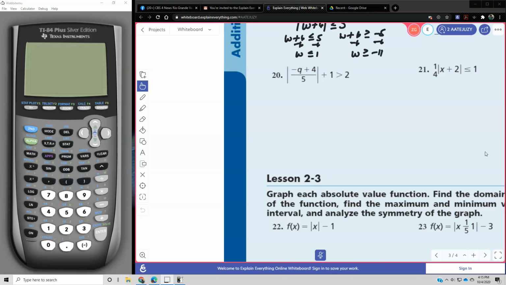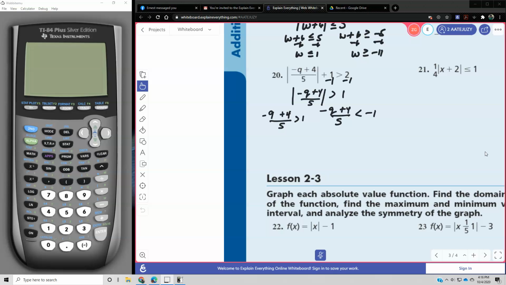Number 20 has that absolute value plus 1, so you have to first subtract 1. So you have the absolute value of negative q plus 4, divided by 5, is greater than 1. So now you're going to have negative q plus 4, divided by 5, is greater than 1, or negative q plus 4, divided by 5, is less than negative 1.